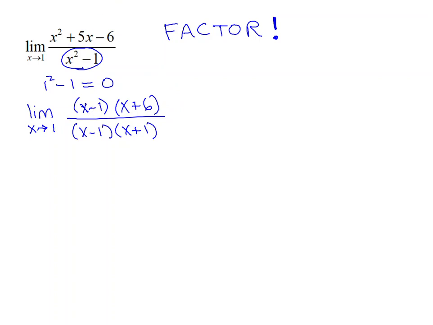Now with what I have here, I am able to divide out the common factor x minus 1. Now I notice that my denominator will no longer be 0 because 1 plus 1 is 2. Now I proceed with direct substitution, and I can do 1 plus 6 over 1 plus 1, and that makes 7 halves. And I have a limit.